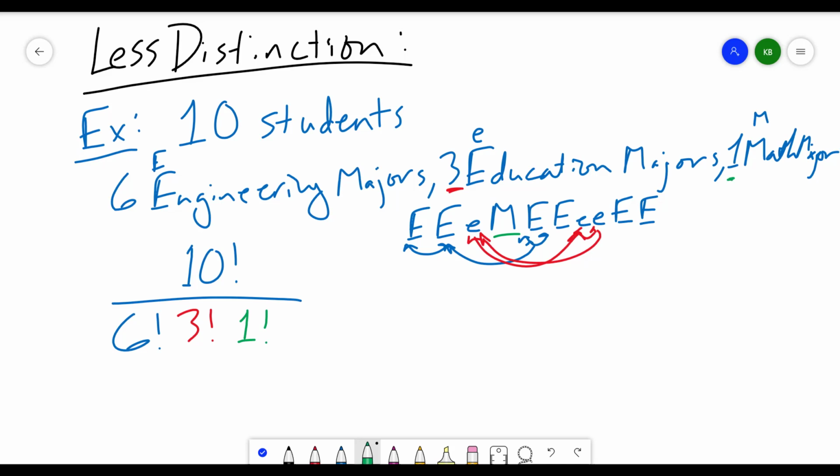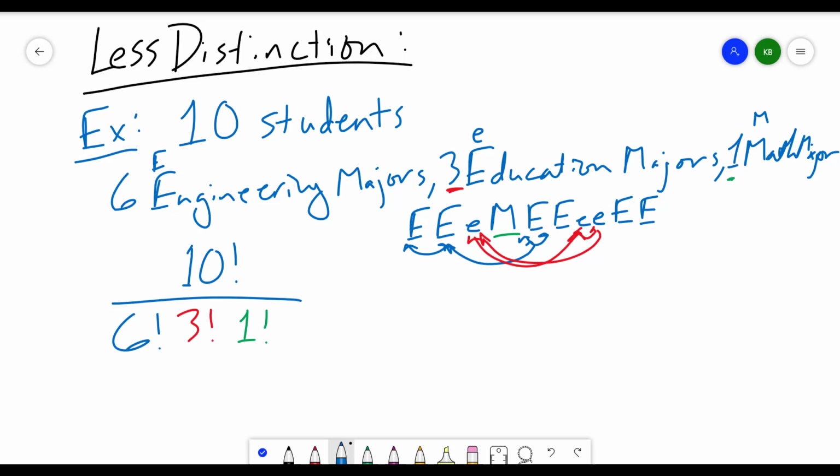All right. And so when I do that, what I'm effectively doing is I'm canceling out some of the orders where students, if I was distinguishing by name, say, would be in different orders, but since I'm only looking at majors, I'm actually seeing all the same.